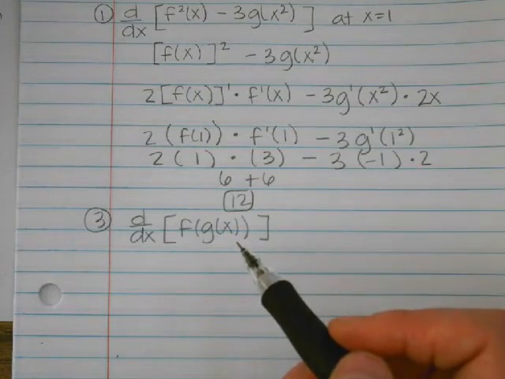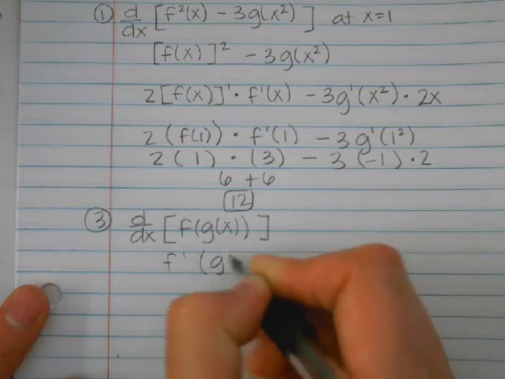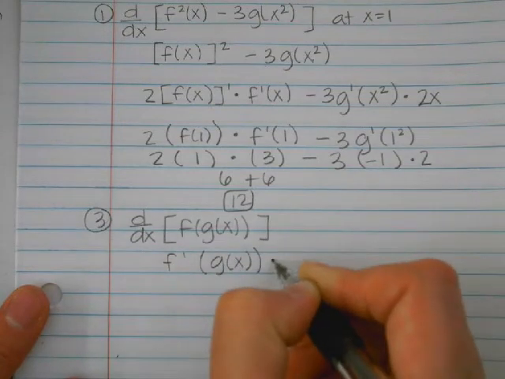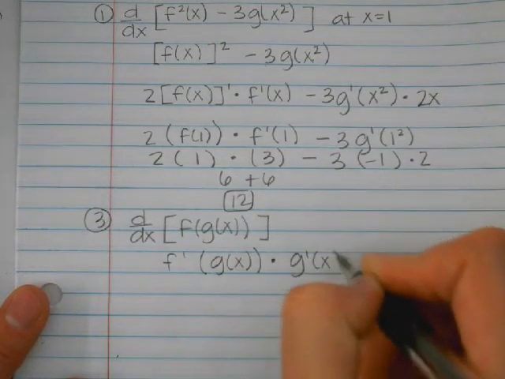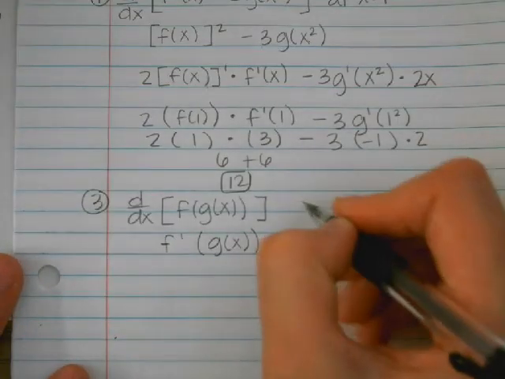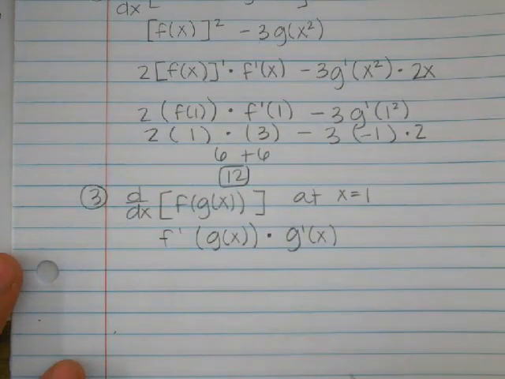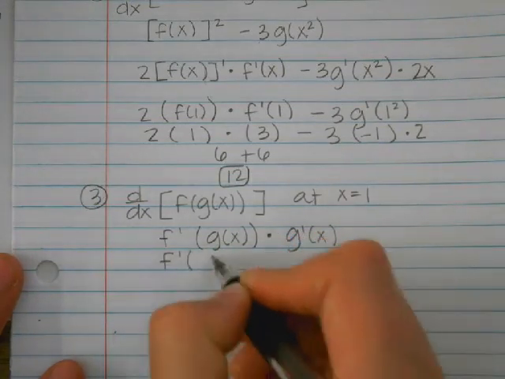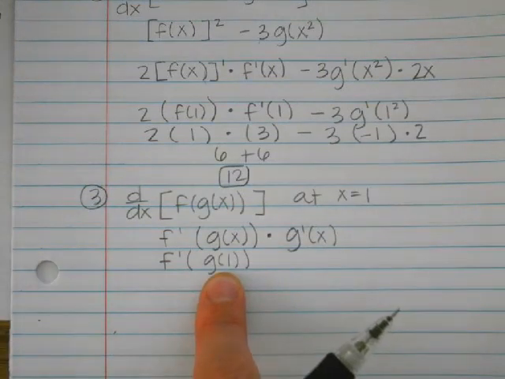So how do we do chain rule? We do the derivative of the outside, so we're going to say the derivative of the outside where the inside is the same times the derivative of the inside. And number 3 said when x equals 1. So my first step is going to be to figure out what g of 1 is.